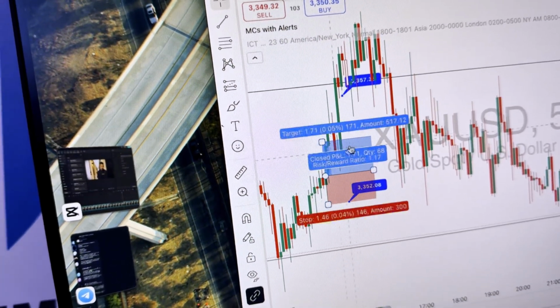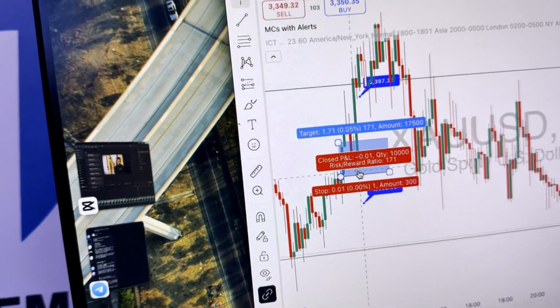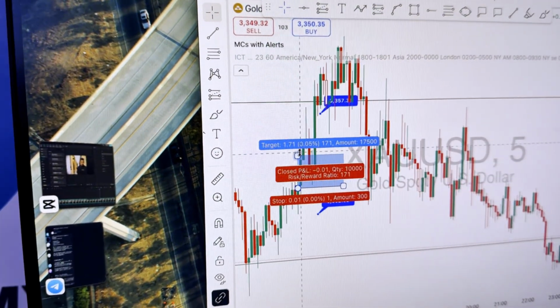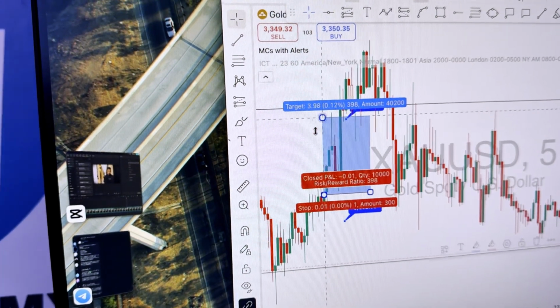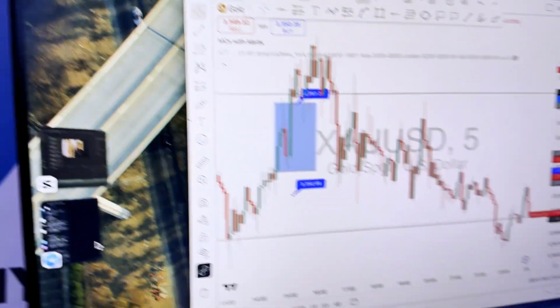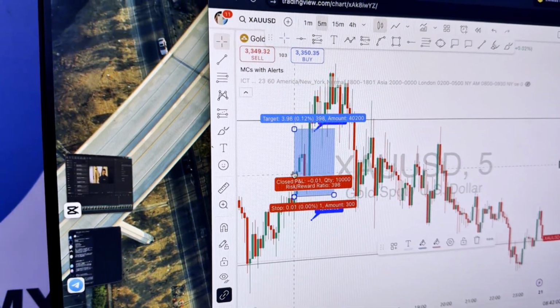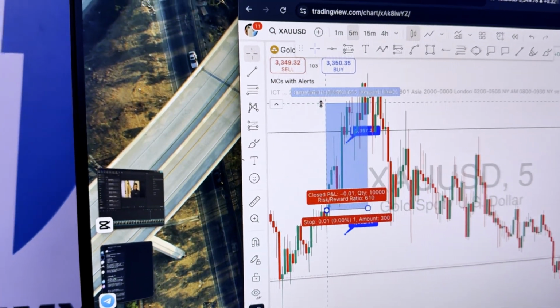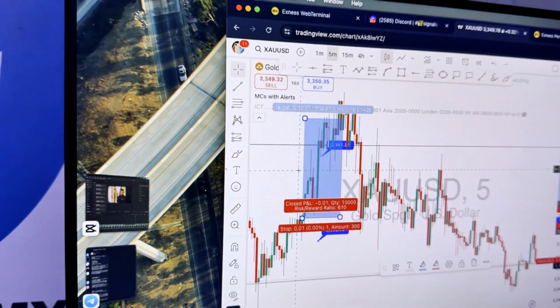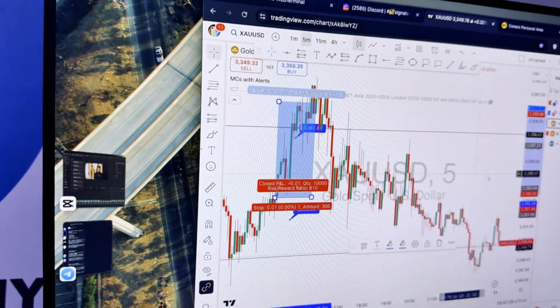Whenever we hit 1 RR, we move our stops to BE. So we moved our stops to BE, and you see price came back and never took us out. So it went and hit our full TP at TP2. However, if you want to hold till TP3, all you have to do is move your SL to 1 RR and then your TP to TP3, then you can hold. But then you need to collect some partials first before.